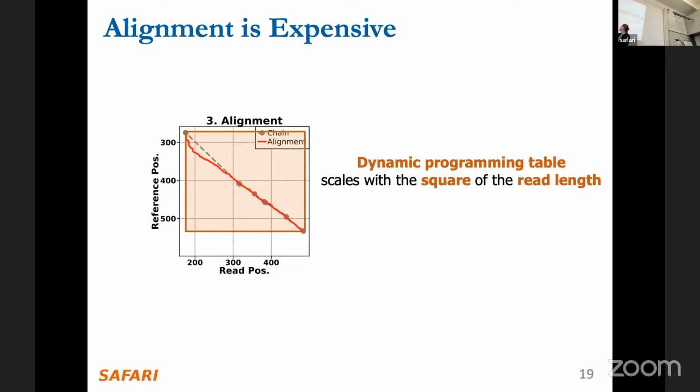So here you already would have like a 200 by 200 table or more, and that's about 40,000 entries. A dynamic programming table of 40,000 entries that you need to calculate for arithmetic operations. That's expensive even on modern fast CPUs. Compare that to chaining, which just has to compare 1, 2, 3, 4, 5, 6 anchors for the same read.